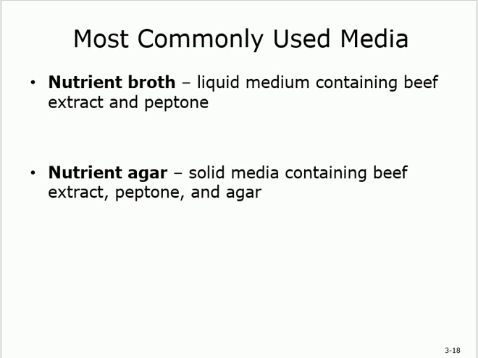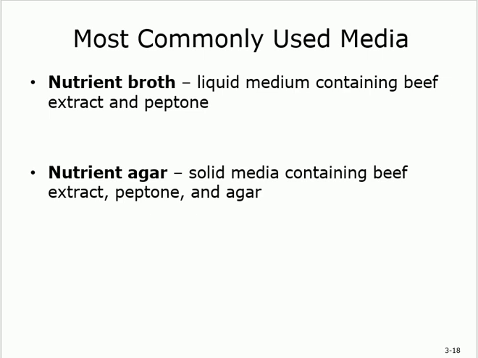The types of media that can be used. There are a lot of them, but the most commonly used or the most important are the nutrient broth. Is the broth liquid or semi-solid or solid? Broth. It's liquid. So nutrient broth is liquid, and it's usually beef extract and peptone.